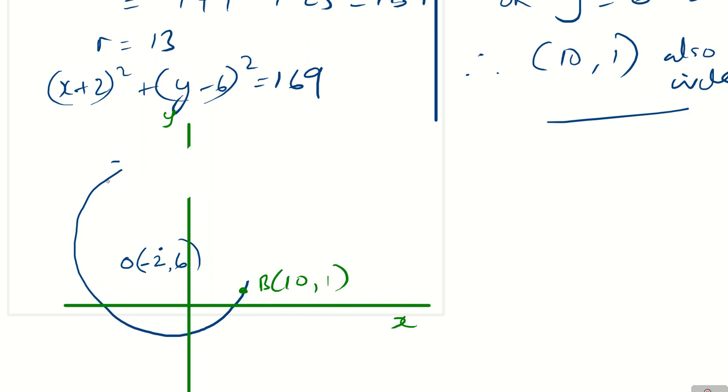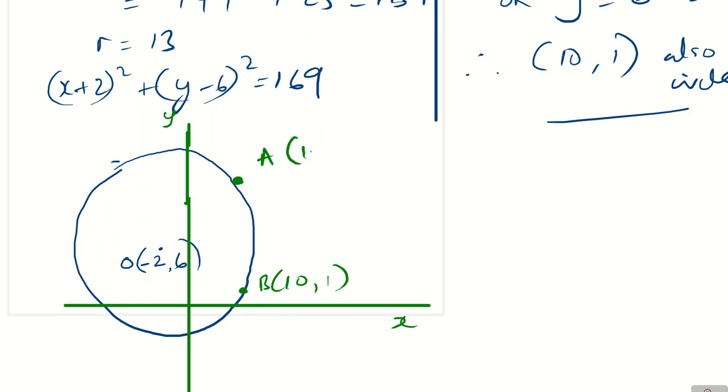Okay, it's only a sketch, but we've got one point there, the point 10, 1, and the other point it goes through is the point 10, 11, which is going to be something like that there.